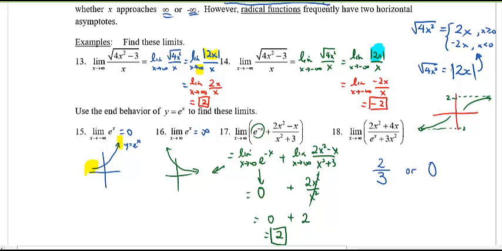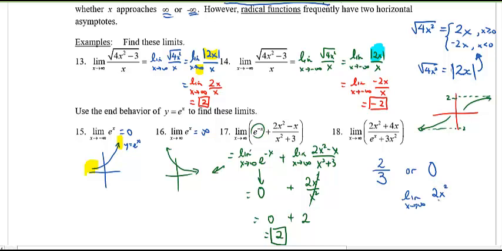Which one is it? Remember the idea? The term that dominates. So in the numerator, the term that dominates must be 2x squared. It's the highest degree term.